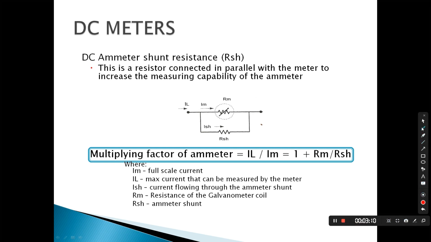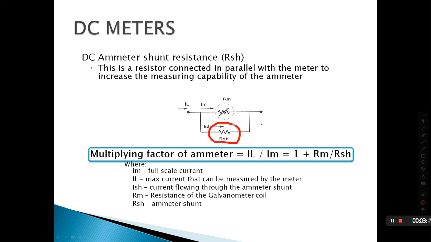When we look at this part, we can see that there is a parallel resistor to our ammeter. We call this parallel resistor the shunt resistance. And what is the purpose of that parallel resistor? It is connected in parallel to increase the measuring capability of the ammeter.